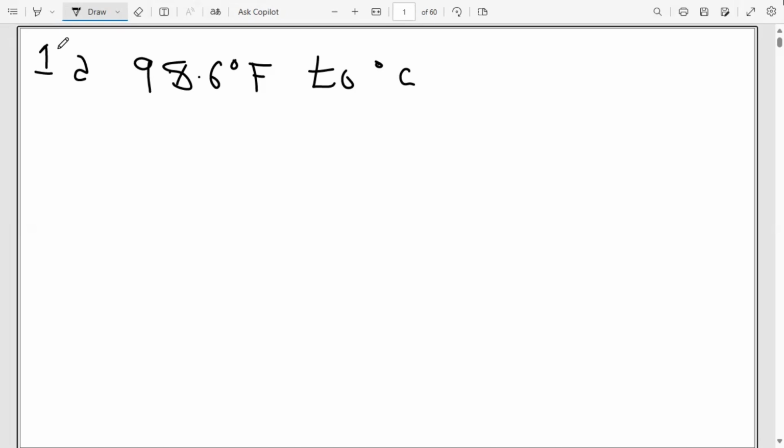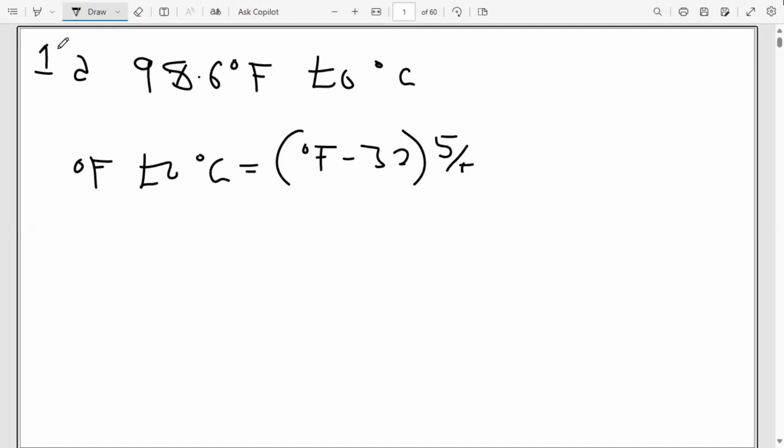So how do we convert this temperature to degrees Celsius? If we are converting from degrees Fahrenheit to degrees Celsius, we say the temperature that we've been given in degrees Fahrenheit minus 32, multiplied by 5 over 9. This is the formula that we use. So the temperature given is 98.6.